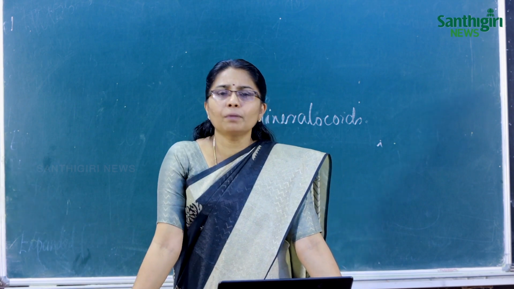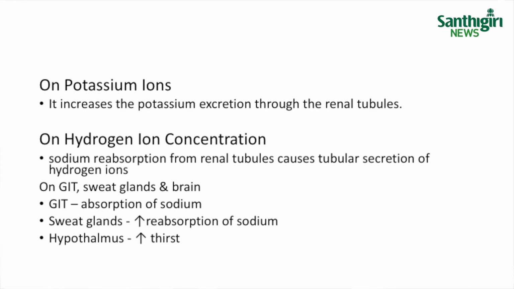Next, potassium ions. We have studied it is mainly an ICF cation. Sodium is reabsorbed at the expense of potassium. Usually we all know the level of potassium in ECF is around 3.5 to 5 milliequivalent per liter.